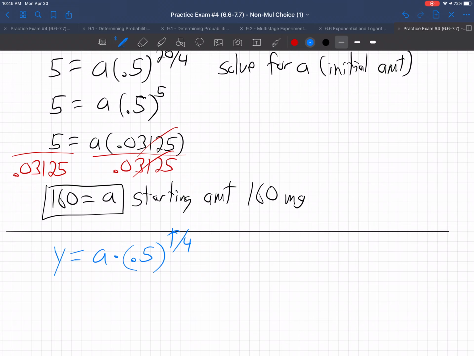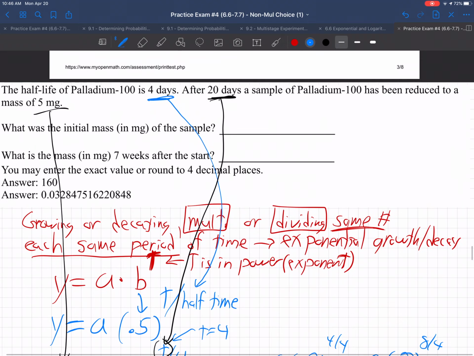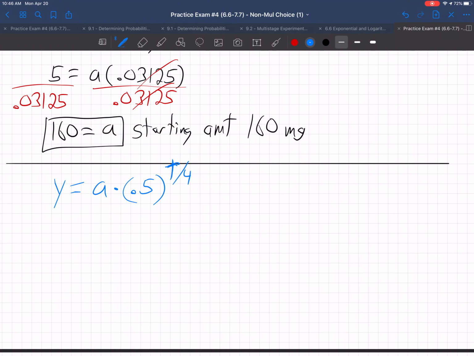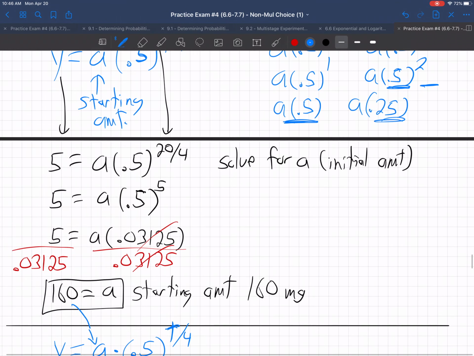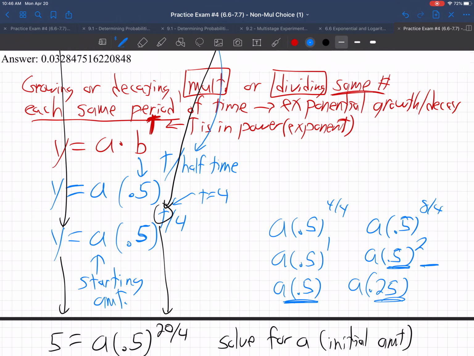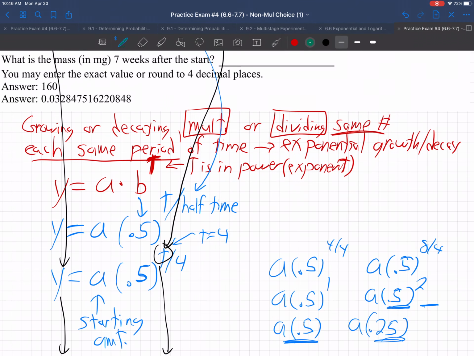It cuts in half every 4 days, right? And now we know what the A is. We can pop that in right there. It's 160. So there's our formula. We can answer their last question. And what is their last question?